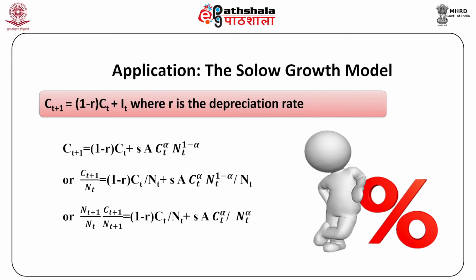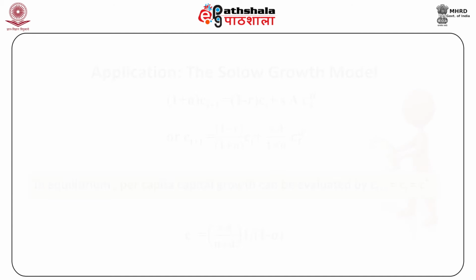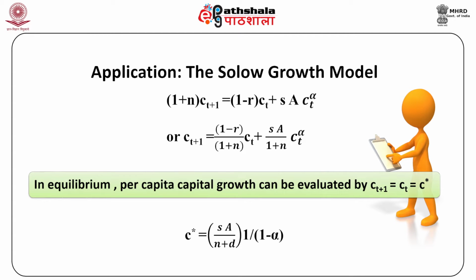Dividing through by N_t, and writing N_{t+1} by N_t times C_{t+1} by N_{t+1}, we get (1 plus n) C_{t+1} is equal to (1 minus R) C_t plus S A C_t raised to the power of alpha, or C_{t+1} is equal to (1 minus R) by (1 plus n) C_t plus S A divided by (1 plus n) C_t raised to the power of alpha, which is the first order non-linear difference equation.